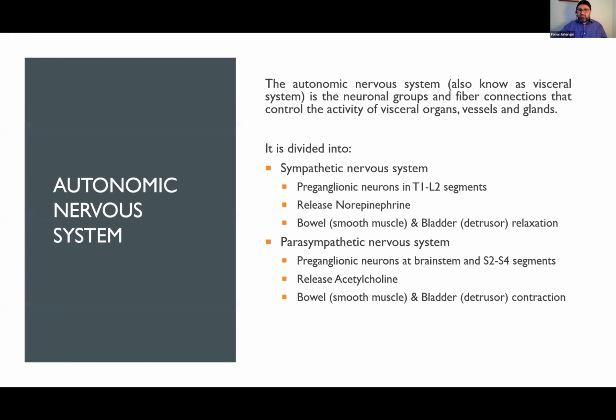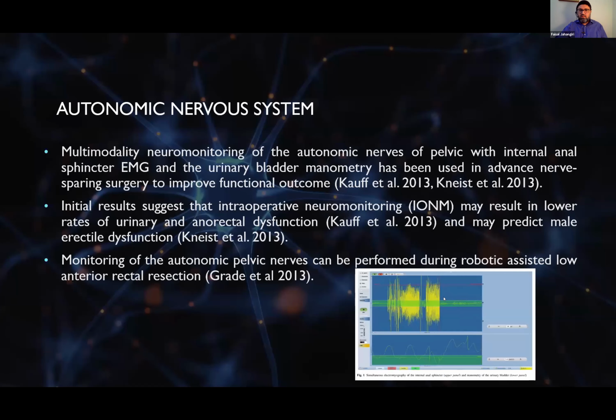So the main difference between sympathetic and parasympathetic activation is relaxation versus contraction of bowel and bladder muscle. Multimodality monitoring of the autonomic nerves of the pelvis, with internal anal sphincter EMG and urinary bladder manometry, has been used in advanced nerve-sparing surgeries to improve functional outcome. Koff et al. also published that initial results suggest that IOM may result in lower rates of urinary and anorectal dysfunction and may predict male erectile dysfunction by monitoring.